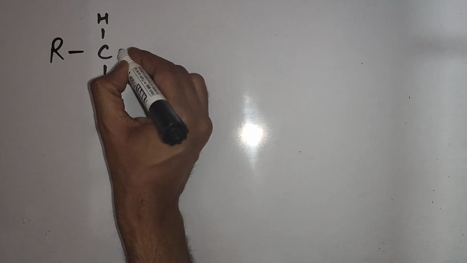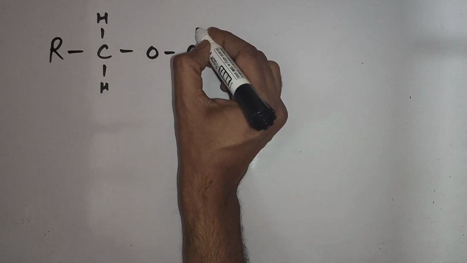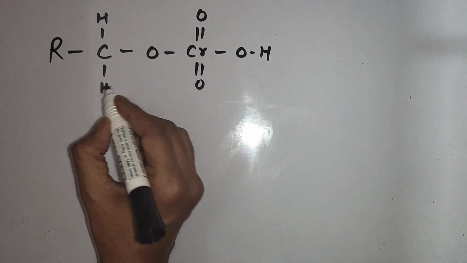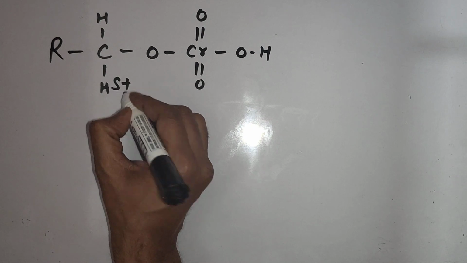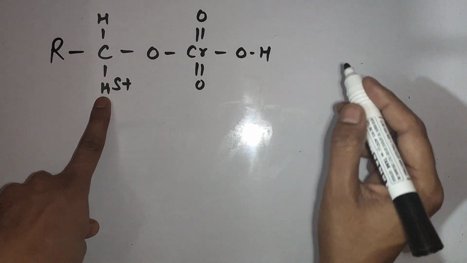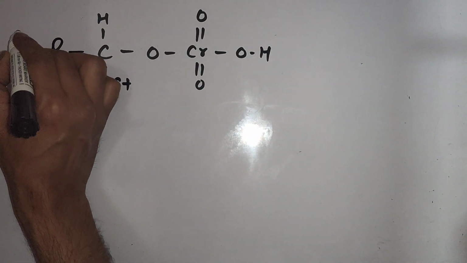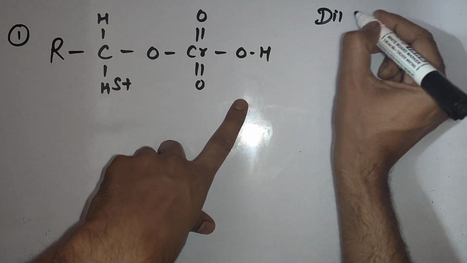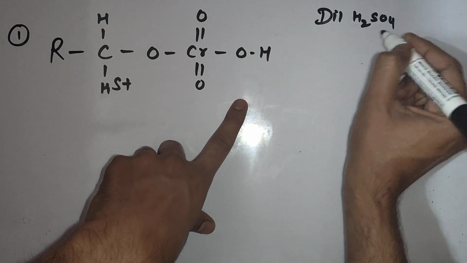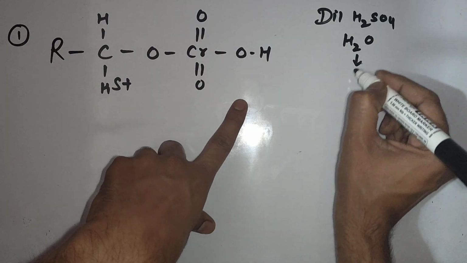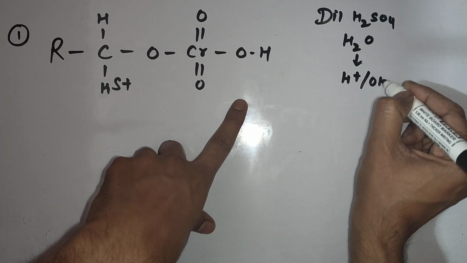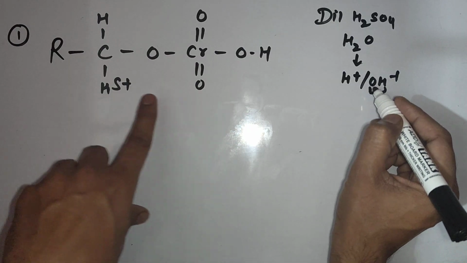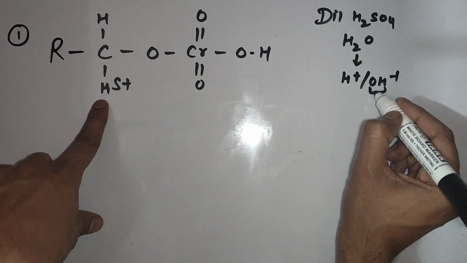After this, two possibilities are there. We know these hydrogens are highly acidic. So number one, first possibility. In dilute H2SO4, as you know, water particles are there which can provide H positive and OH negative. OH negative, working as a base, has a tendency to attack this H positive.